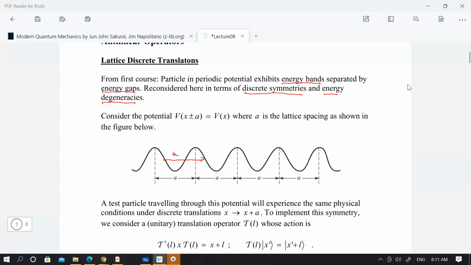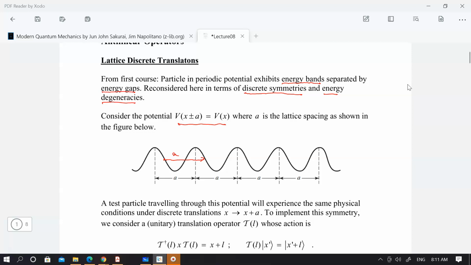It's not just the peak being translated. You can translate any point on this potential by a distance of A and get back the value of the potential at the original point.